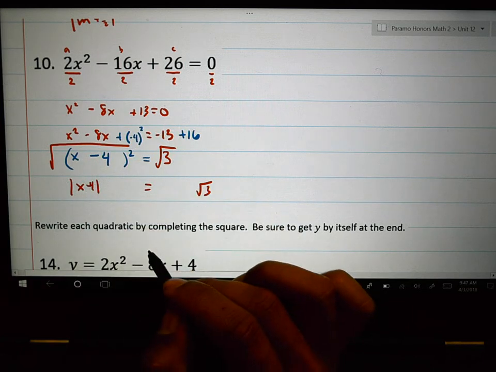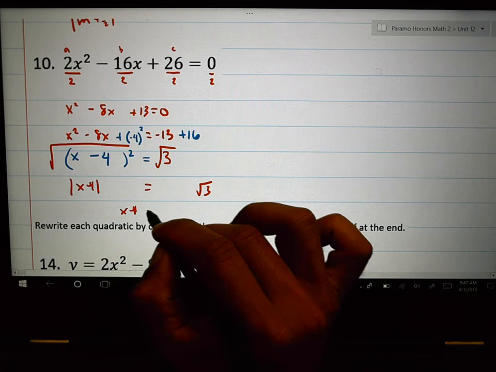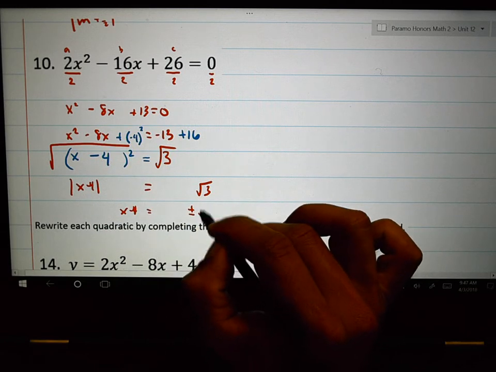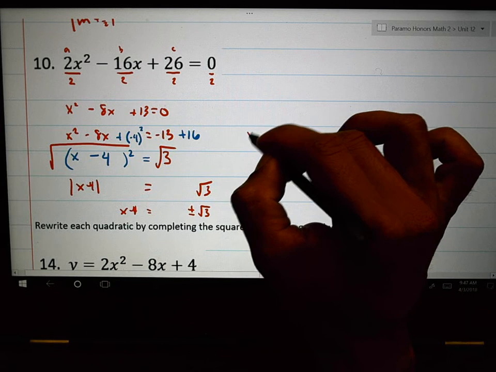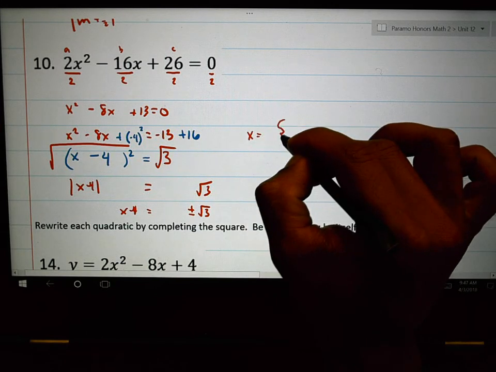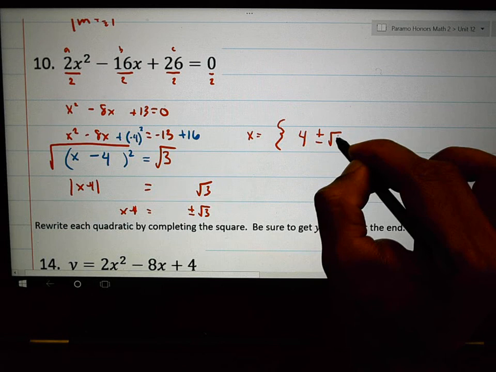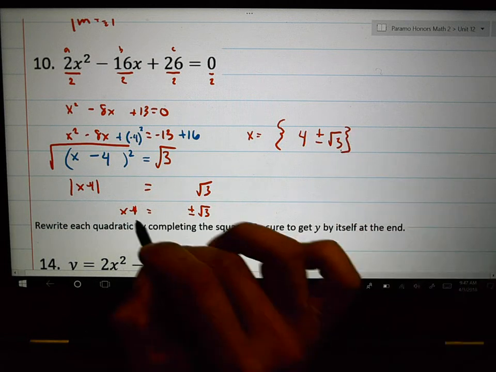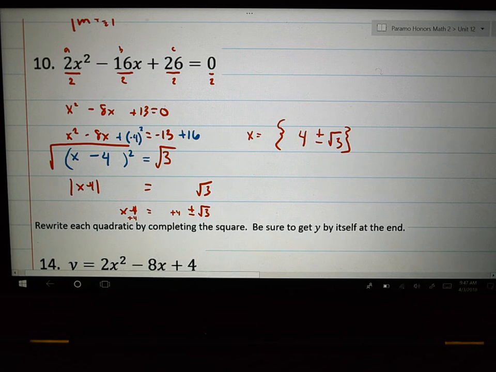So I know that means x minus 4 is equal to plus or minus root 3. I'm going to move the 4 over. So x will equal 4 plus or minus root 3, because I'm adding 4 to the other side. Pretty crazy answer.